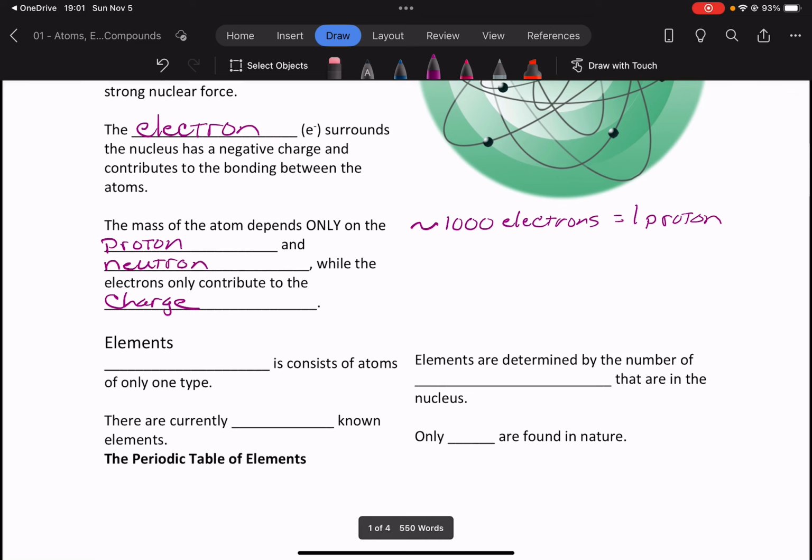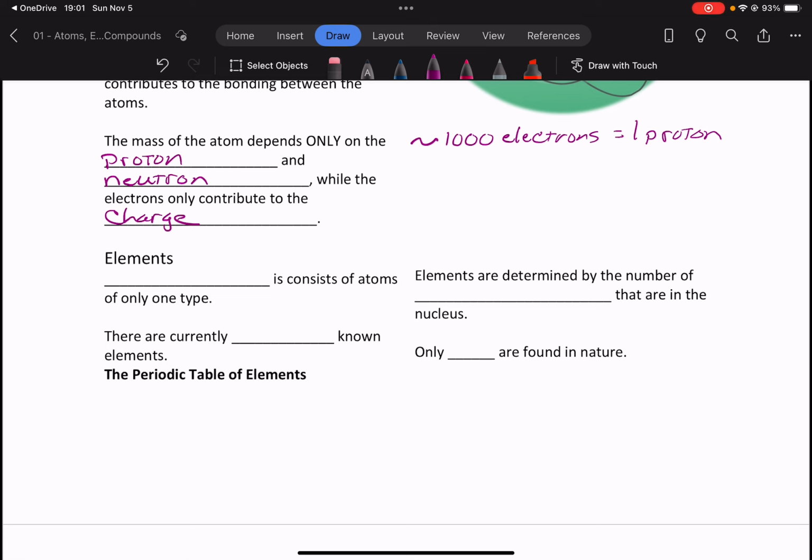So again, elements consist of atoms of only one type.